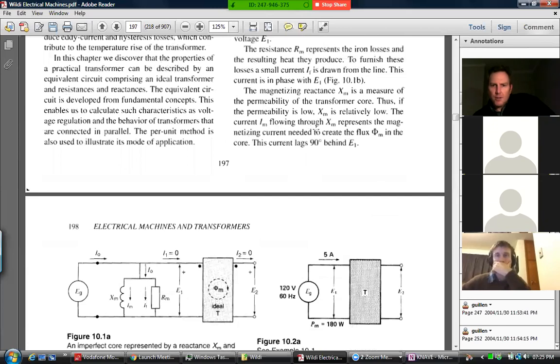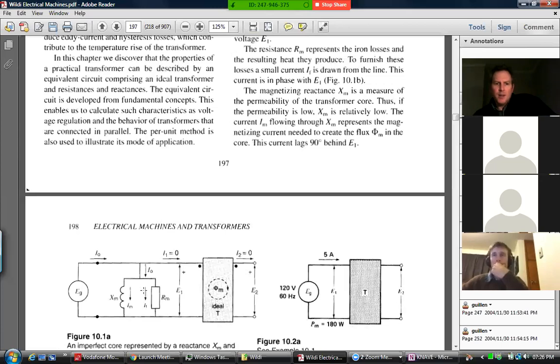So there we've got a couple of terms. The IF is the small current drawn to furnish the losses of the resistor representing the iron losses. Then we've got the IM, which is the portion that represents the magnetizing amount that's required.